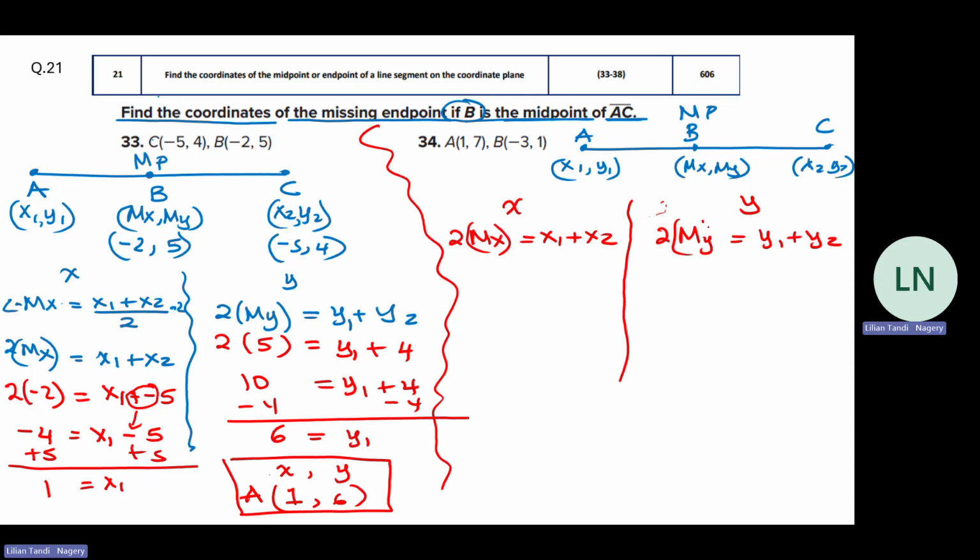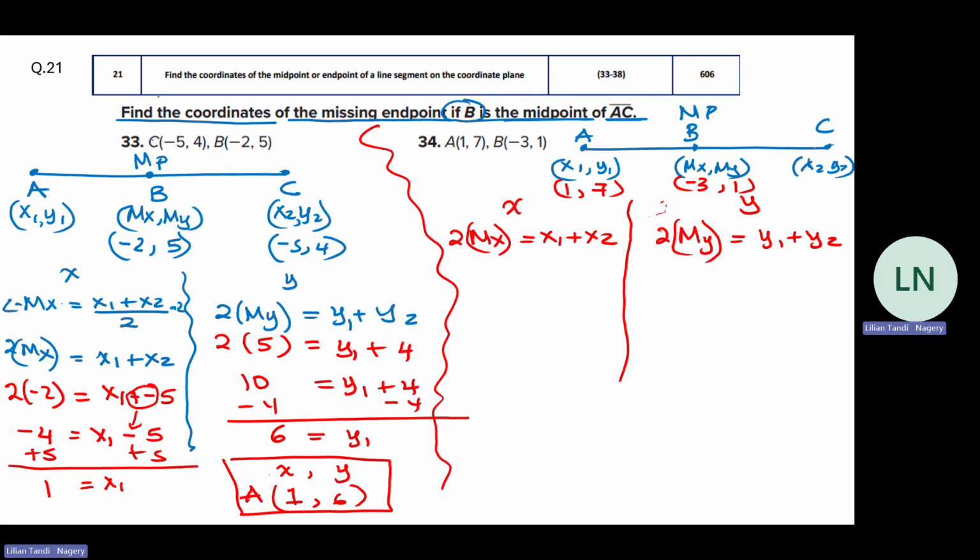Okay? Now, according to my picture, do I know x1? Yes, it is 1, and y1 is 7. Do I know mx? Yes, it is -3, and my is 1. Do I know x2, y2?